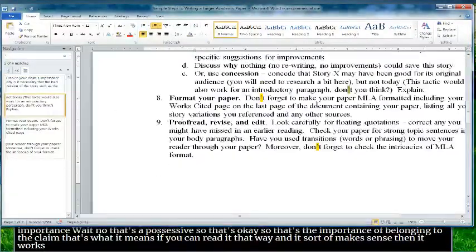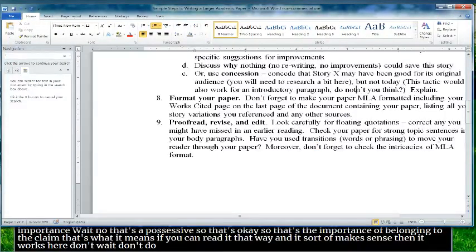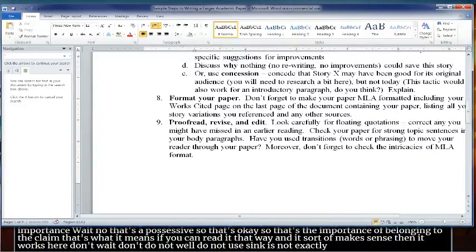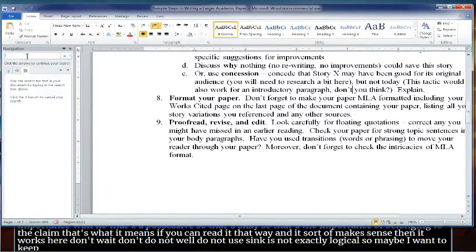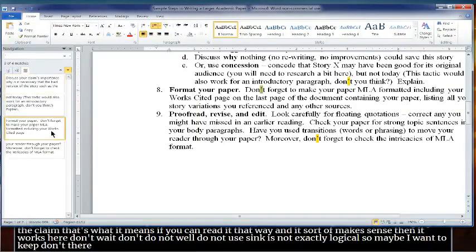Here, don't. Wait, don't. Do not. Well, do not, you think, is not exactly logical. So maybe I want to keep don't there. But I want to search again. Don't forget. Do not forget.